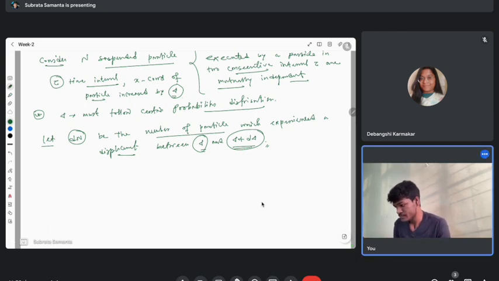So in time interval tau, dn is the number of particles which experience a displacement between delta and delta plus d delta in the time interval tau, because the time interval is the same. But two consecutive time intervals can be mutually independent.